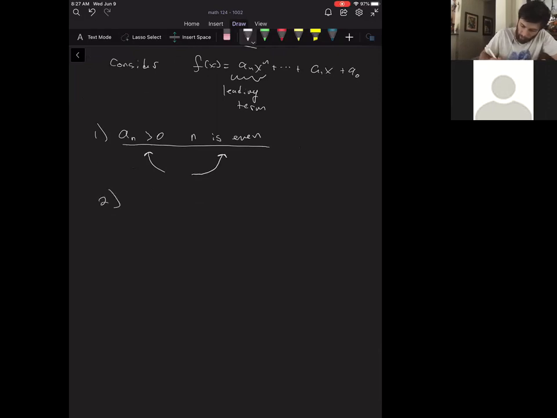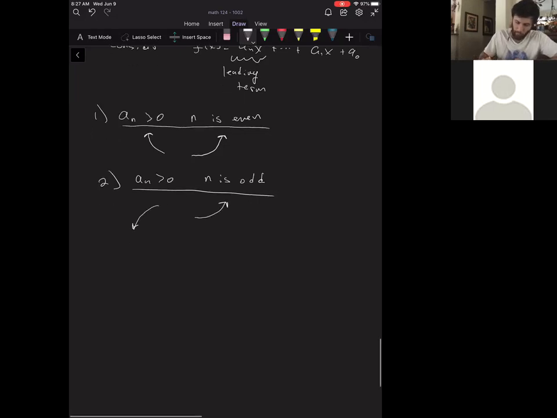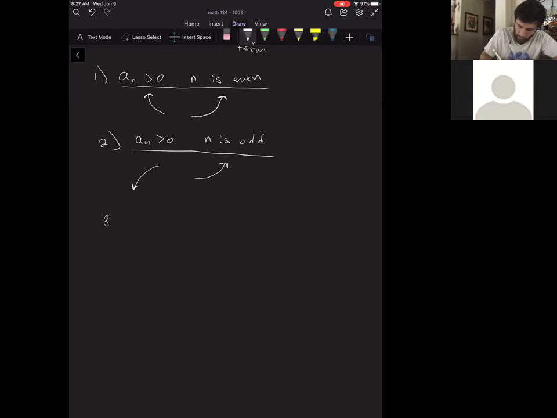Number 2, if a_n is bigger than 0, but n is odd. In this example, on the left-hand side, the graph moves down, and on the right-hand side, the graph moves up. Number 3 is if a_n is a negative number and n is even.